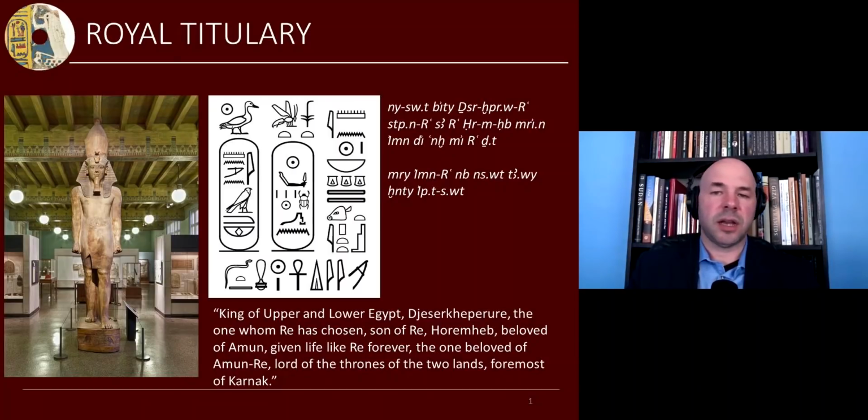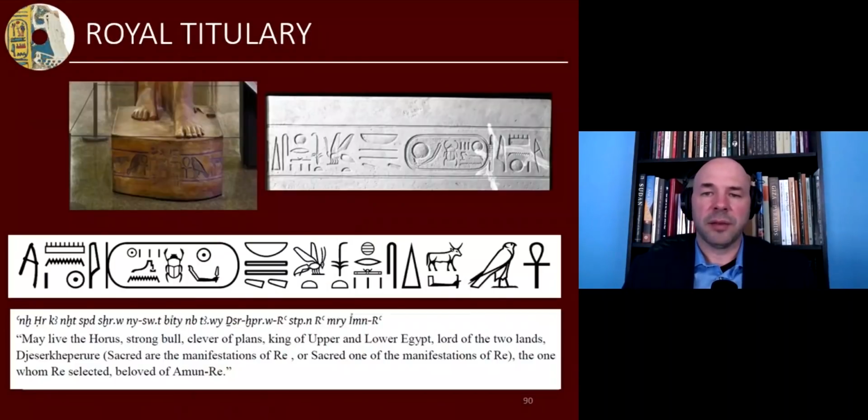And then on the right side, you start at the bottom. This is the epithet, the participle mery, beloved of Amun-Re, lord of the thrones of the two lands, foremost in Karnak. And so you can see the inscription is set up like the statue would have been set up, actually, the king facing towards the god and the god facing back.